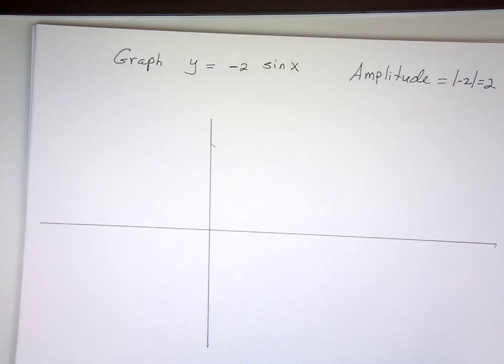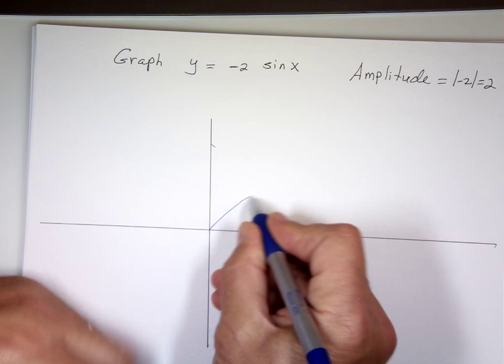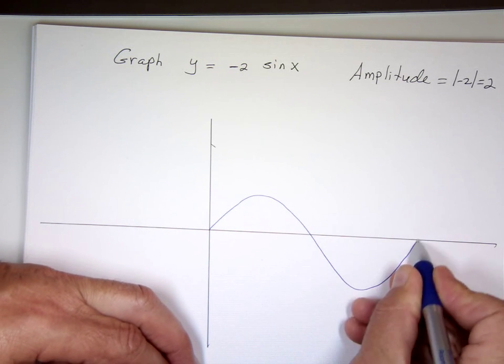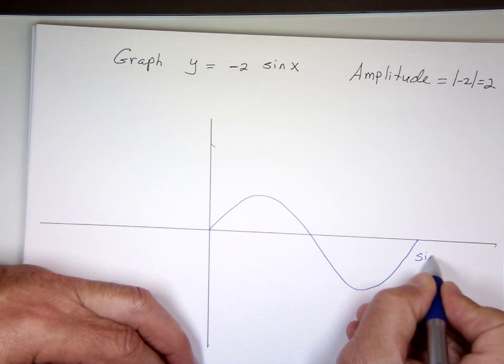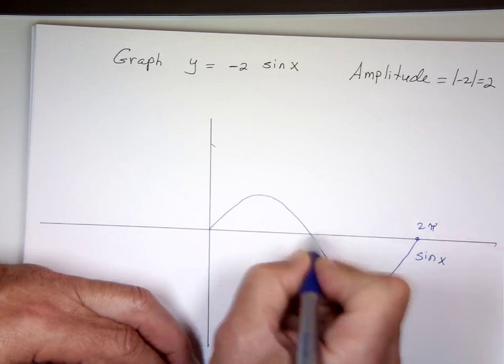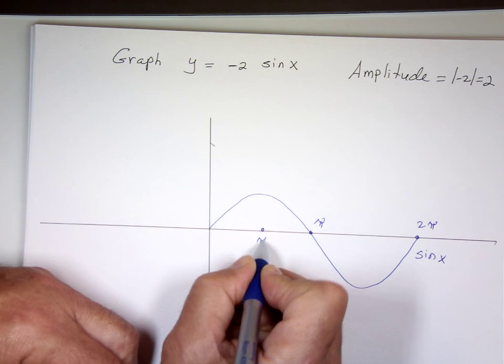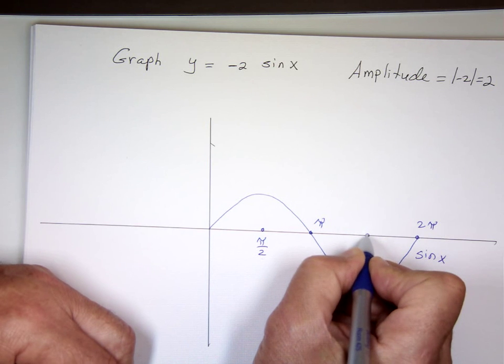It's a sine function again, the basic sine function, the graph, here we go. That's the sine of x. There's the 2 pi, pi over 2, 3 pi over 2.